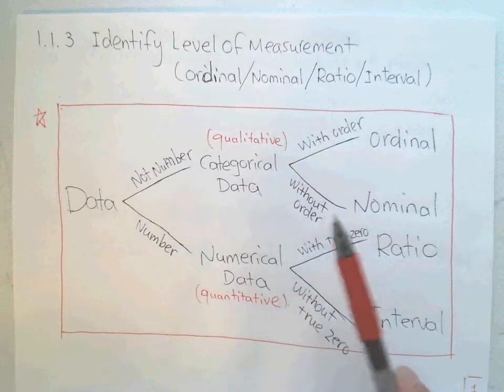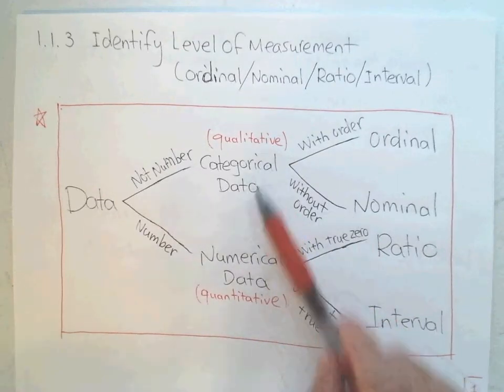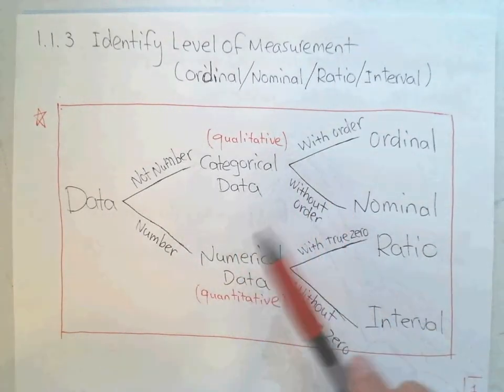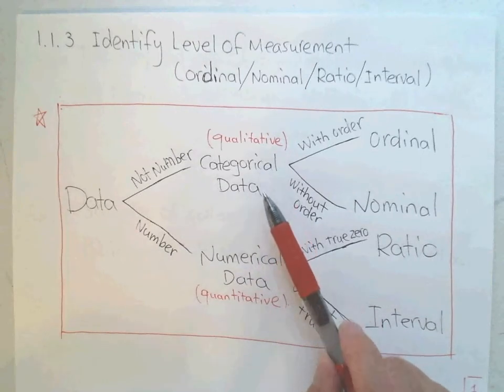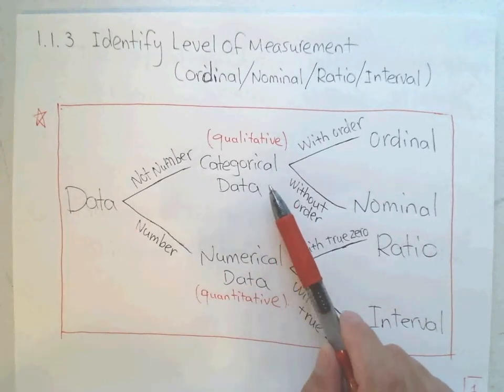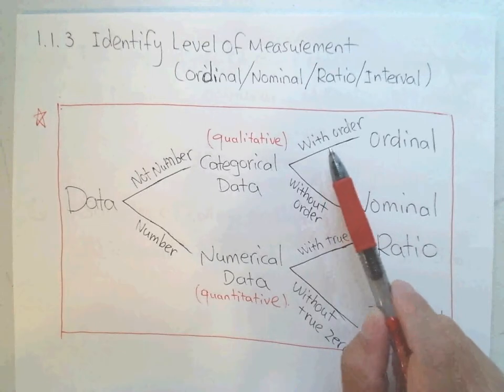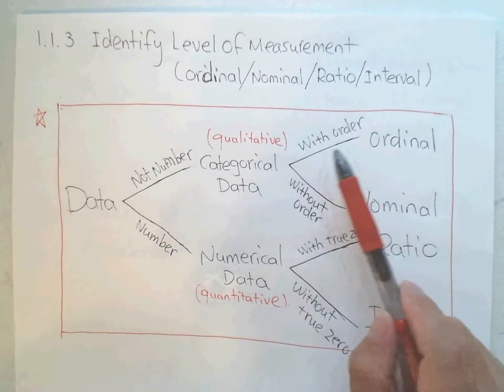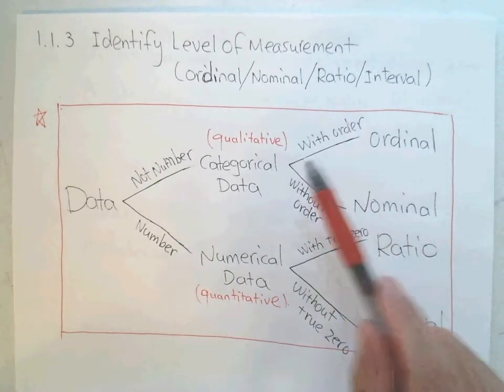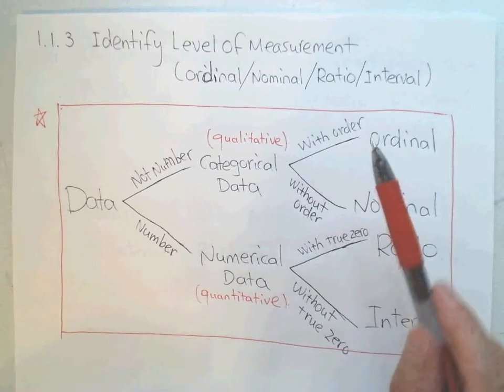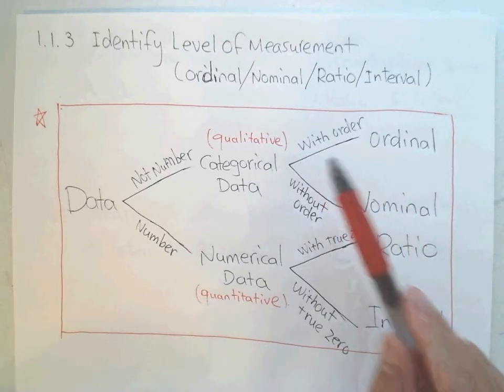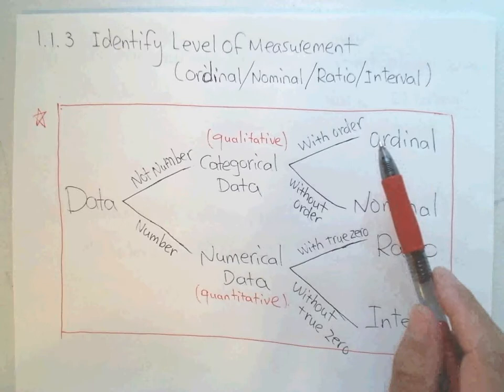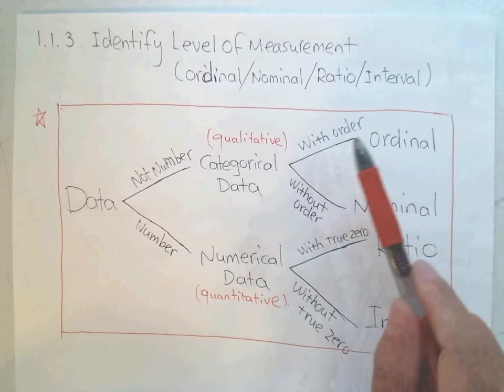Now we have these two categories. We look at the category data, which is not a number. Some data can be ordered, like the final grade, which is either A, B, or C. A, B, C is a common and normal order.